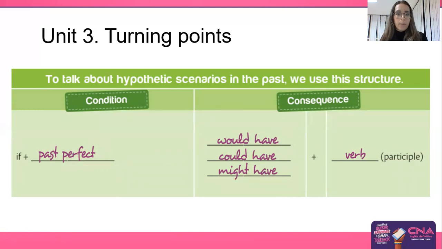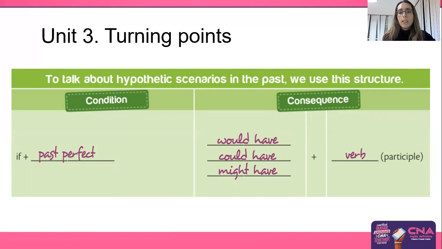So we can say, for example, if I had gone to the party, I would have had fun. If I had gone to the party, I would have had fun. Take a look, guys. This is hypothetical because I didn't go to the party. I was not there. So this is totally hypothetical.